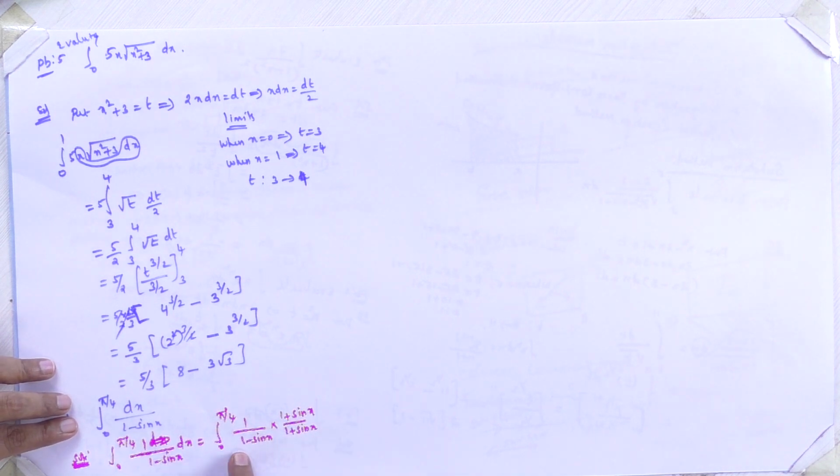Because see the denominator, we are having a plus b into a minus b formula. So that is a square minus b square formula. So we are getting 1 square minus sin square formula. So it makes it cos square. Then it is easy for integration into dx.